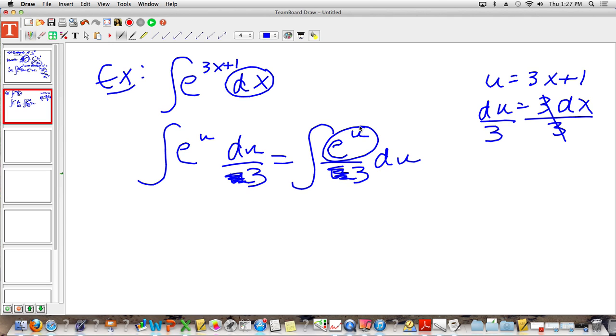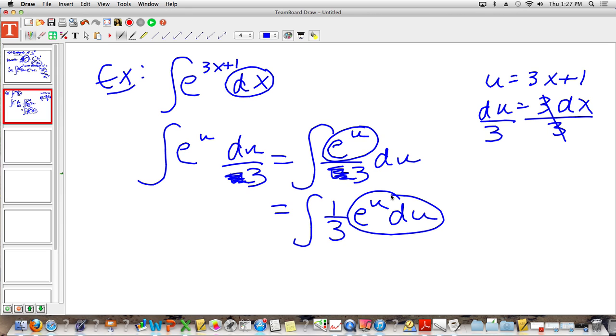Well, we have a 3 out front, so let me rewrite this one more time as 1/3 e to the u du. So what is the integral of this part right here? E to the u. With this constant out front, that just comes along with it. So we have 1/3 e to the u.